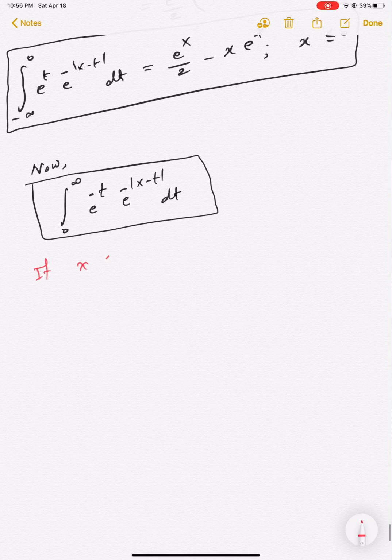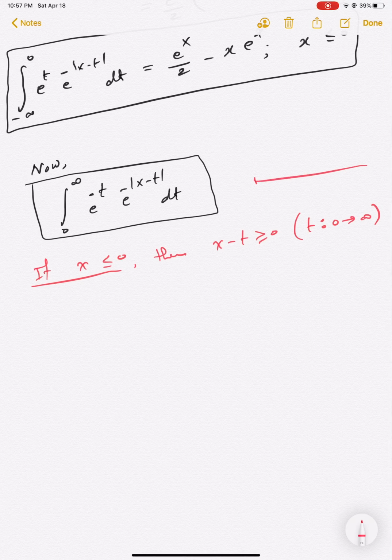Let's start with the negative case. If x is negative, then for this case, the t values are from 0 to infinity. This is the t.